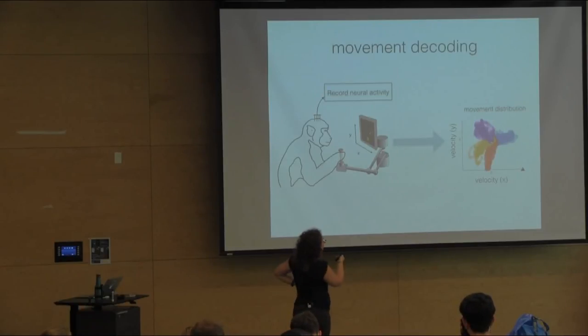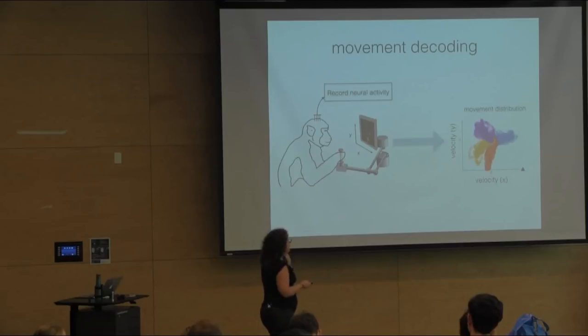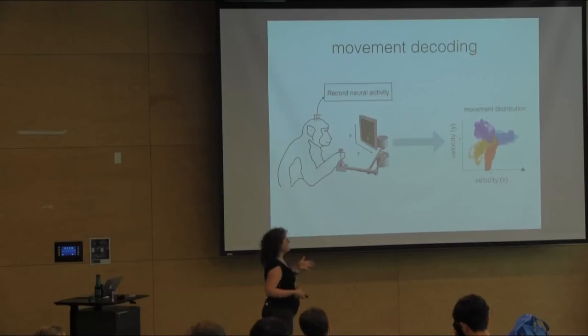So whenever you see purple dots, that means it's moving towards that particular target, and yellow and orange and blue. This is showing what the velocities would look like in 2D, so X and Y, as the subject's making reaches towards these 4 different targets. Make sense, the setup for the data?